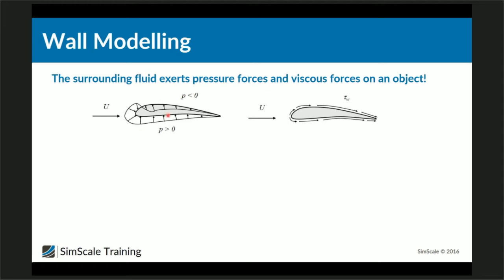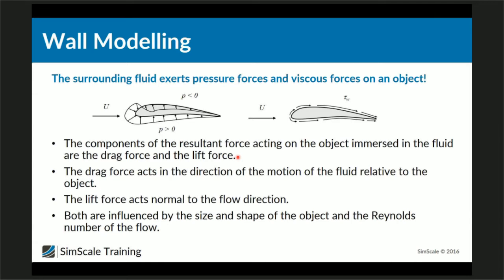The viscous component is based on the wall shear stress, and there you calculate it a little bit differently. And the overall forces are a combination of both pressure forces and viscous forces.